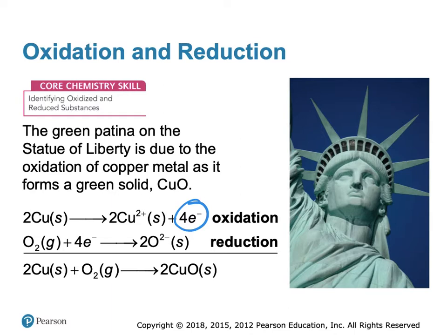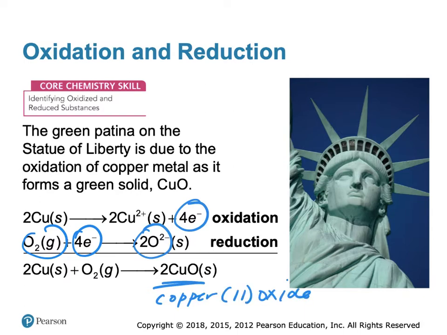Here you have oxygen gas gaining 4 electrons to form an ion, O2-. And then we get our solid copper oxide. And again, if you remember from our naming, it would be copper 2 oxide. Copper is a transition metal that can have different oxidation states.